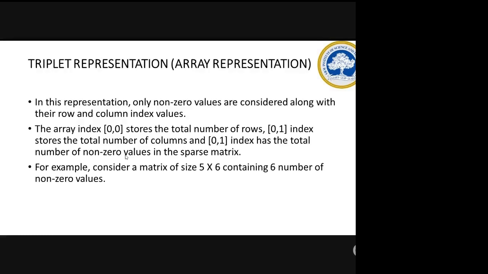Normally, you make an array with three columns and as many rows as you design. The 3 columns will contain the index of the row, the index of the column, and the value itself. I'll show you one example.